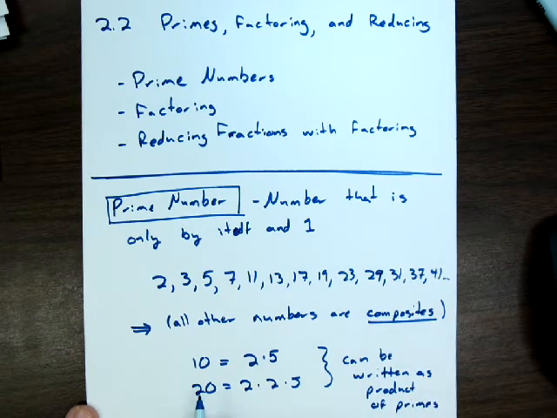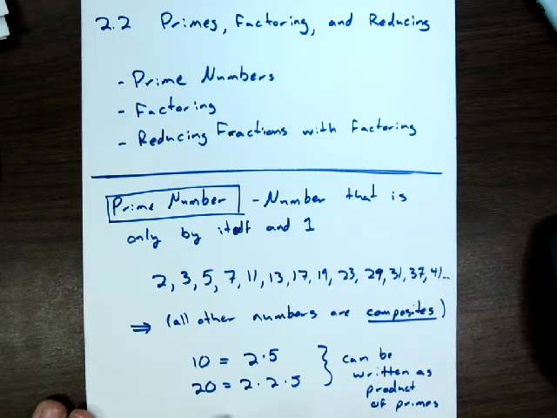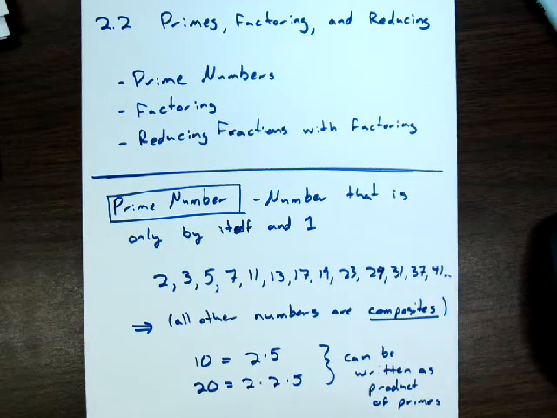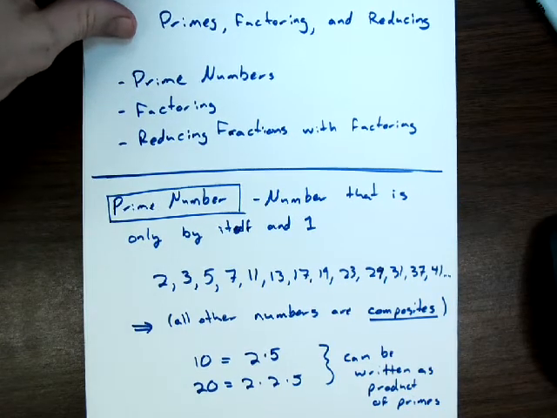And notice that we kind of broke this down pretty fast right here. Well, guess what we're going to be doing next? We're going to be breaking some of these numbers down. And in order to do that, let's talk about this idea of factoring.